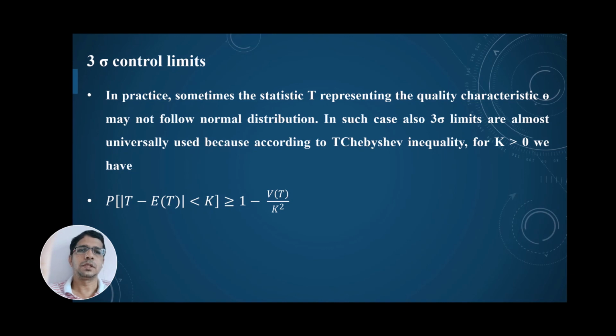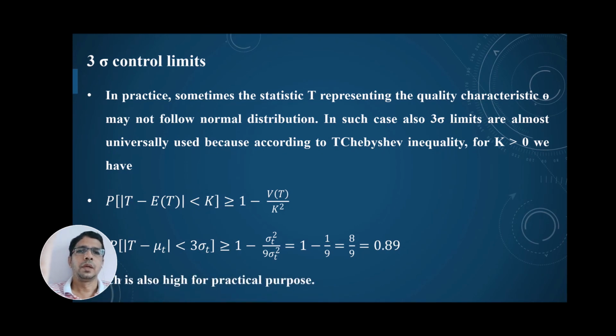If we put our values here, then the probability that |T minus mu T| is less than 3 sigma T is greater than or equal to 1 minus sigma T square, that is the variance of T, upon 9 sigma T square. If we solve it, we get this probability as 0.89, which is also fairly high.